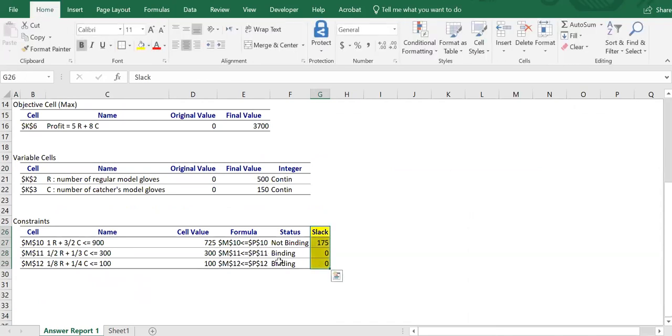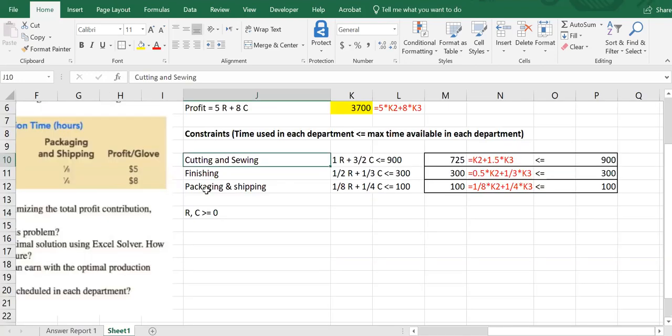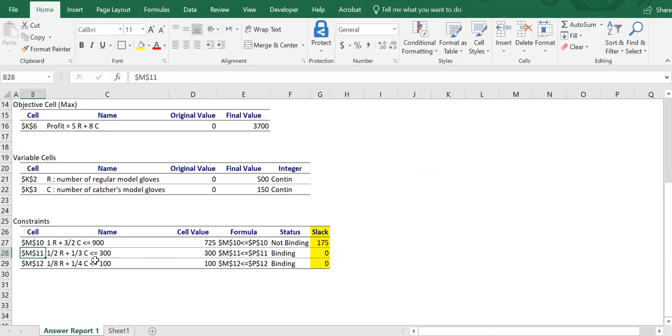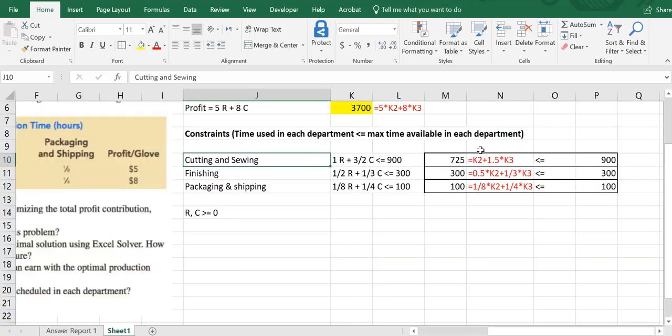Let me go back here. For finishing, because of the distance, there's a blank cell to the left of the left-hand side with no title. It actually uses the closest cell with a formula, not the titles. Anyway, finishing we already knew.